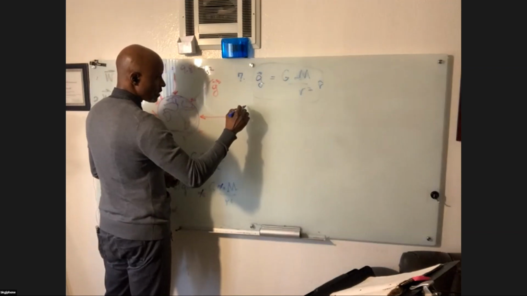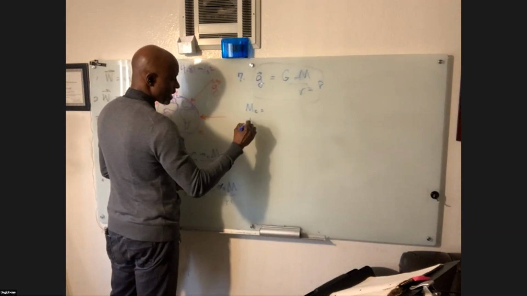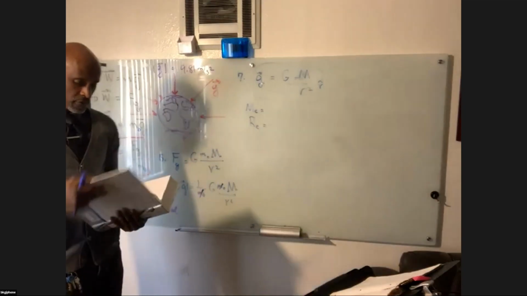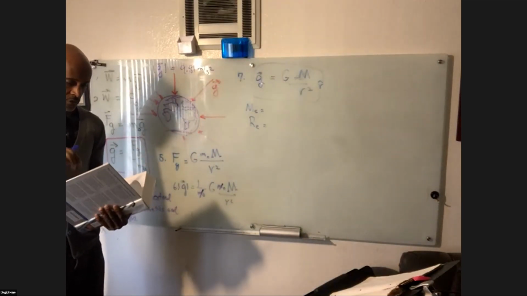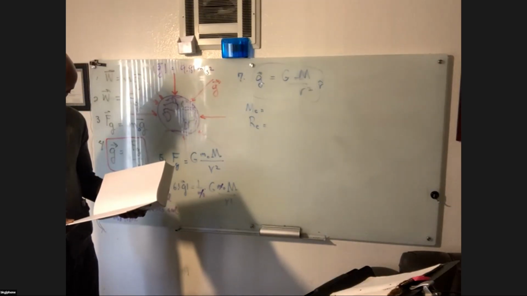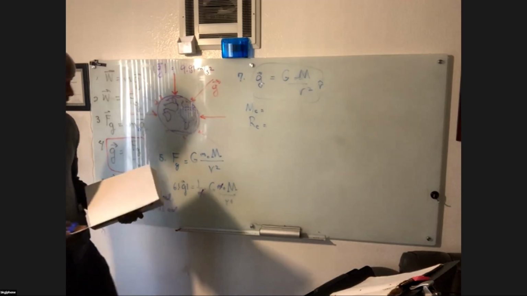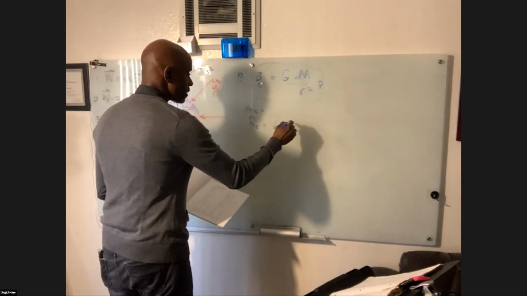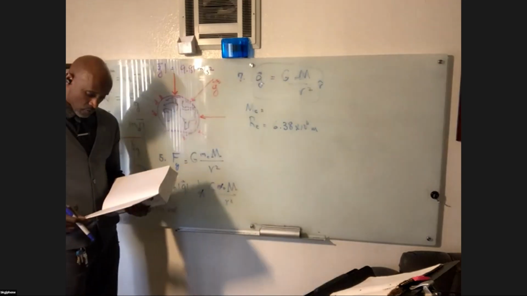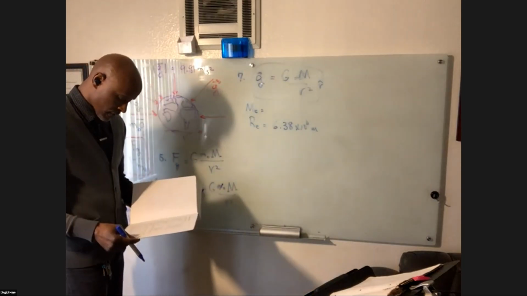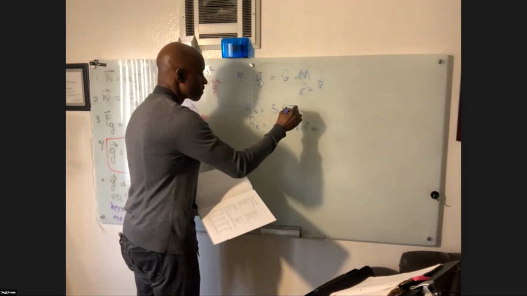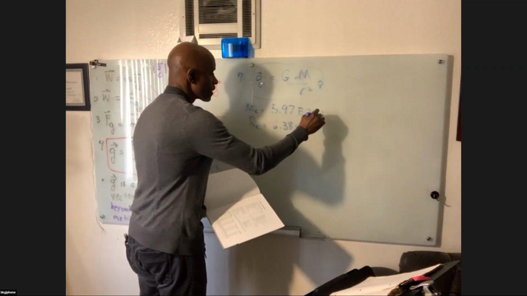So for example, for the Earth, we'll do the mass and the radius. I'll tell you real quick, and so you can verify for yourself that that's where these values are coming from. The radius of the Earth is 6.38 times 10 to the 6 meters. And the mass is 5.97 times 10 to the 24th kilograms.